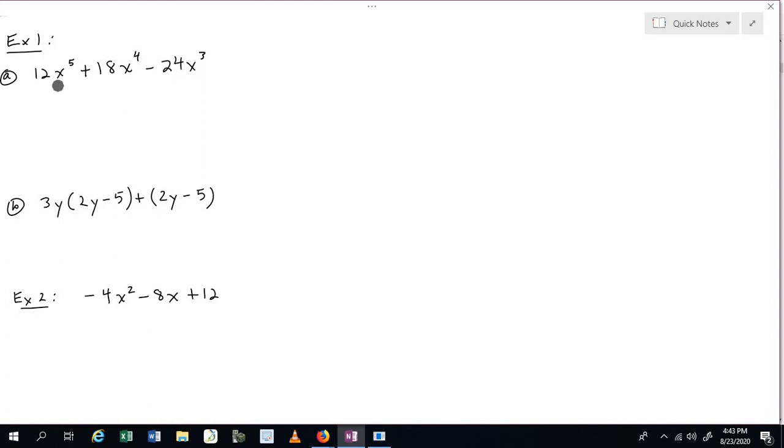And the greatest common factor among those 3 numbers is 6. Now, sometimes you'll see us use GCF for greatest common factor. And so among the numbers, the greatest common factor would be 6. Okay, and then among the variable x, the greatest common factor would be x cubed. Okay, so we're going to try to factor this out of all 3 of these terms since it's the greatest common factor among them.